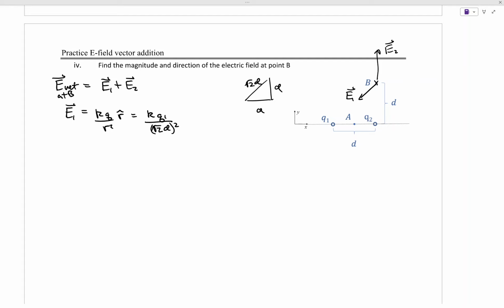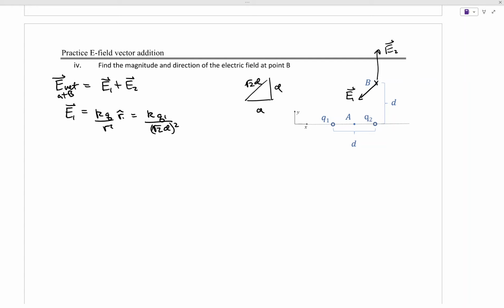And then the direction that this is pointing, it's pointing down 1 unit and over 1 unit. And so we can write the unit vector. There are different ways that you could do this, right? You could do it by breaking it into components. Let's do this first by using the unit vector. So what is the unit vector?